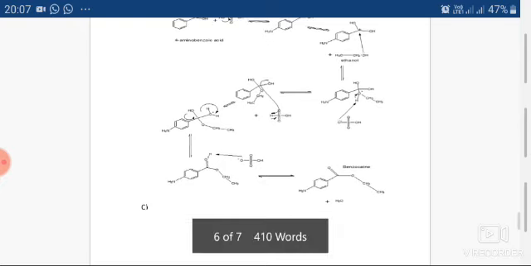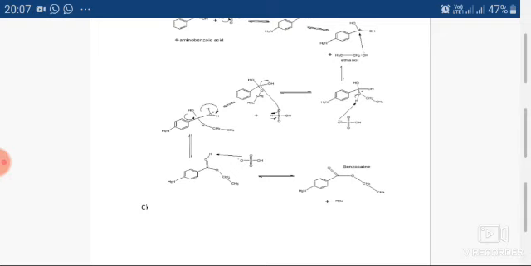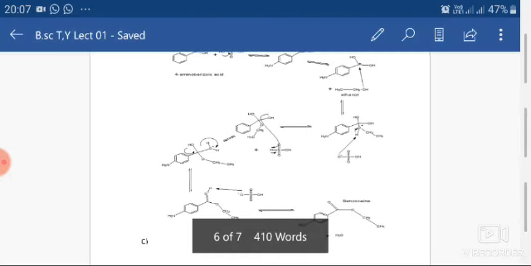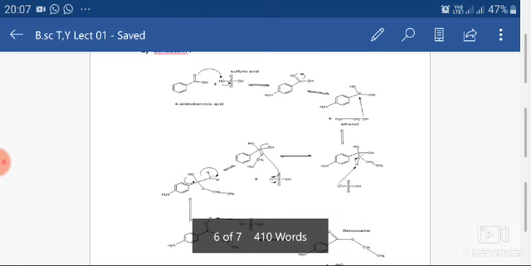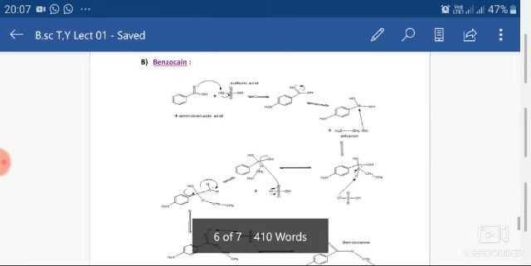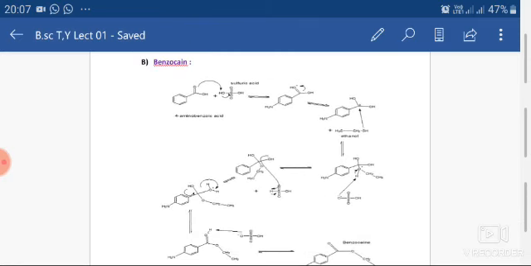This is a simple reaction and it has wide applications. This drug has wide applications in the field of medicine.